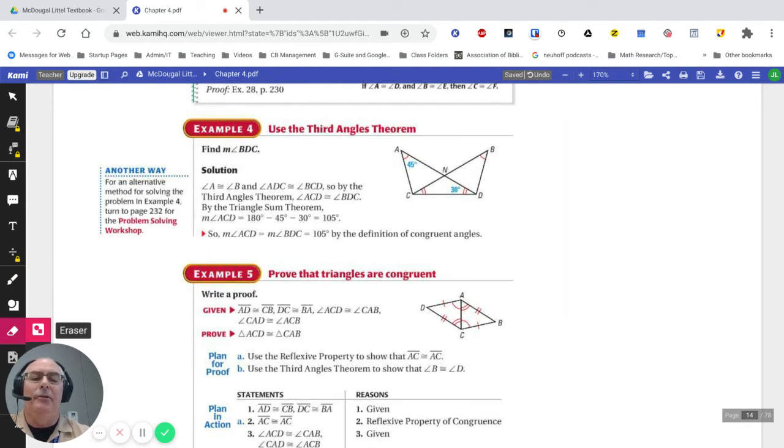For this example, I always have to be aware of how the drawing is representing the information I need. So this is one of the triangles I'm looking at.